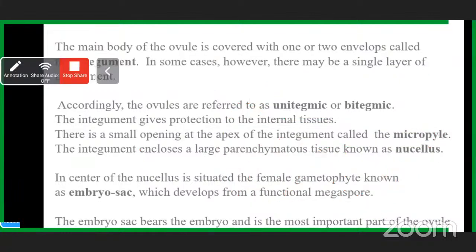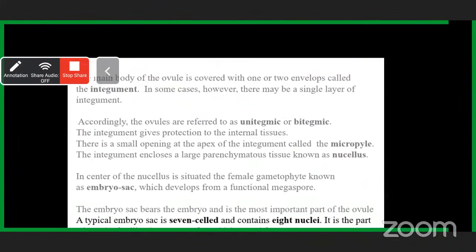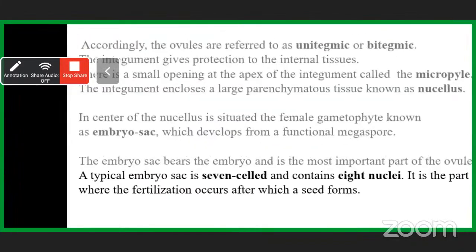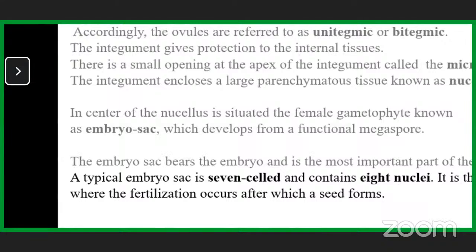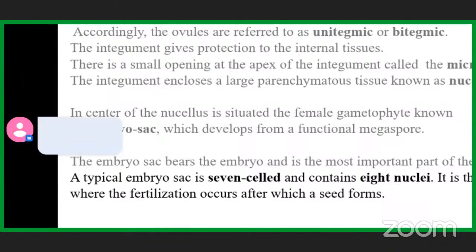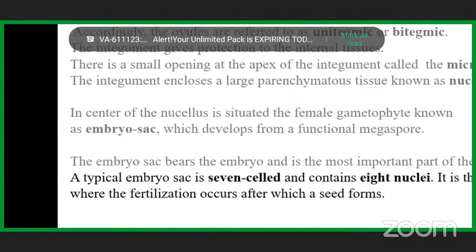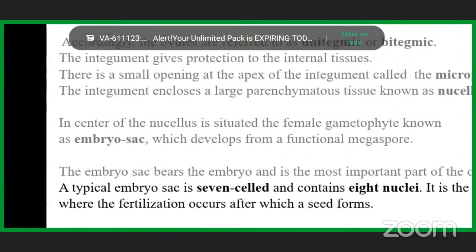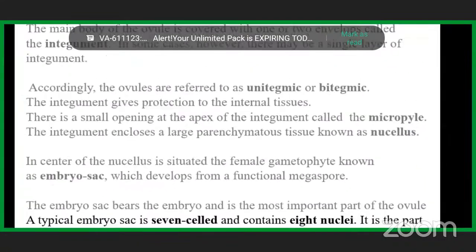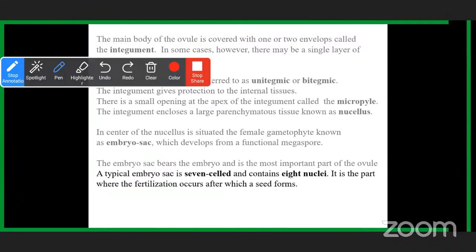Here you can see the usual embryo sac type, I already told you, the polygonum type. In the polygonum type, what is there?